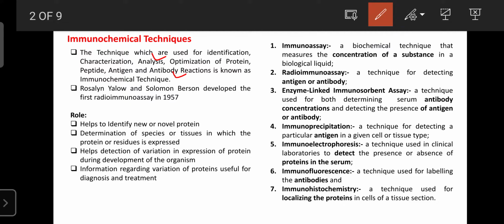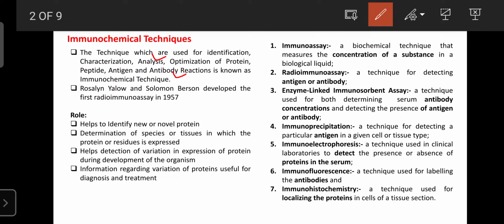So these chemical techniques are mainly helpful to identify proteins, because of hormonal imbalances. All endocrine hormones are protein in nature, and the enzymes are also protein in nature. Due to certain metabolic disorders, the enzyme level either increases or decreases.